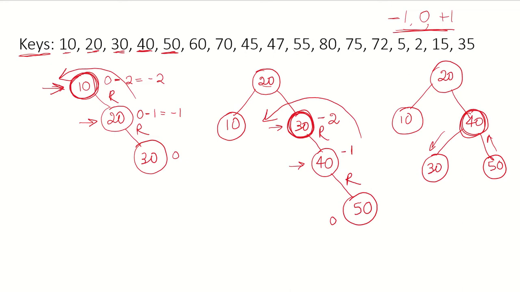Now the next value that is coming in is 60. 60 will be added as a right child of this node 50. When this happens, you can check that for this particular node, the balance factor is 1 minus 2, which is -1.